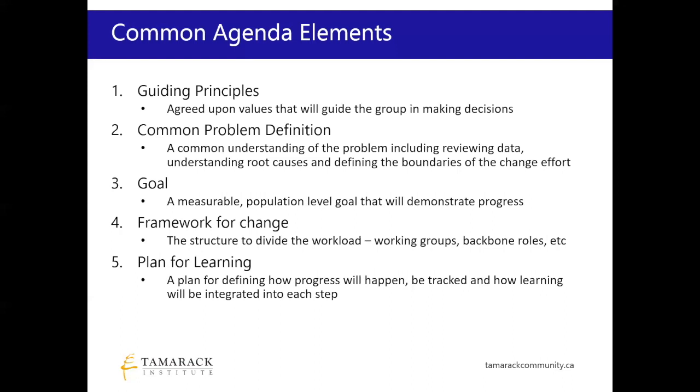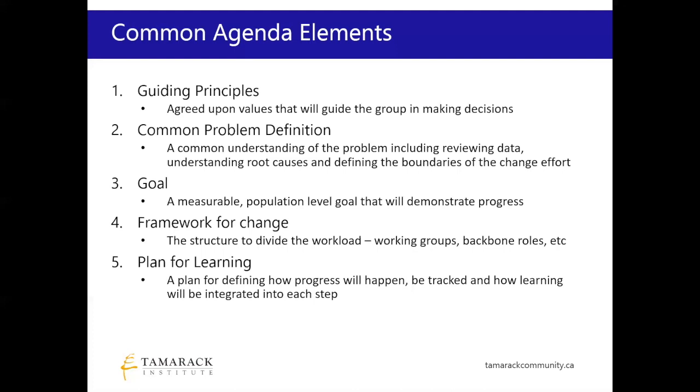And then the final element is developing a plan for learning. One of the things that we've learned at Tamarack in terms of supporting communities through the collective impact process is that things will occur during the course of your planning that you may not have been able to anticipate.